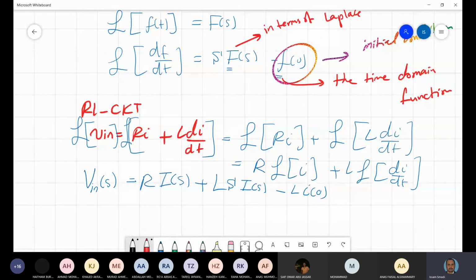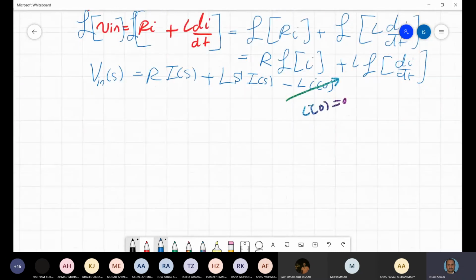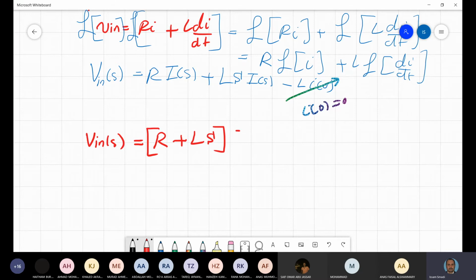And if I'm assuming that the initial condition is equal to 0, I of 0 is equal to 0. Now what I'm getting? I'm getting Vn of s is equal to R plus L s, times I of s, correct?